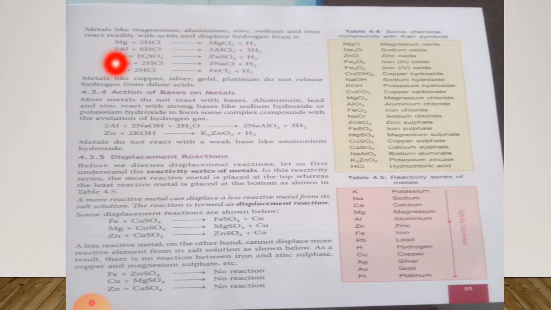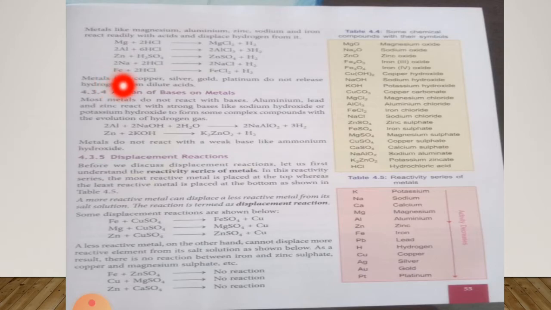Now the second, aluminium reacts with hydrochloric acid, forms a salt, that is aluminium chloride, and hydrogen gas evolves. Now the third, zinc reacts with sulfuric acid, H2SO4, and forms zinc sulfate with the hydrogen gas. Now the fourth, sodium reacts with hydrochloric acid, forms sodium chloride, and hydrogen gas is also evolving from this reaction.